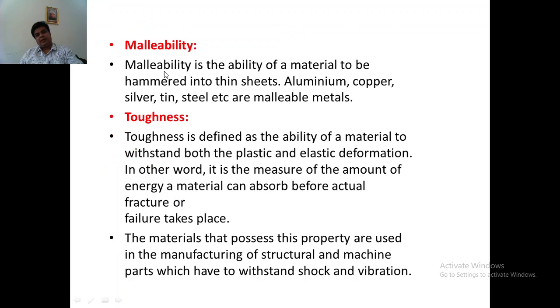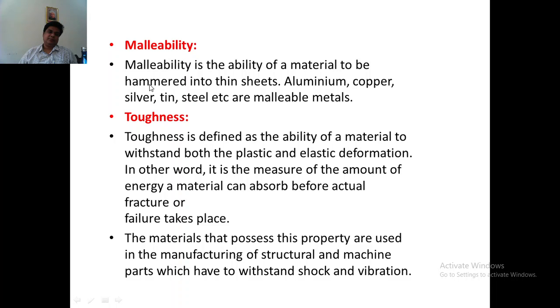Similarly, you have heard about malleability. Malleability is also a ductile property, where the metal undergoes plastic deformation, and in malleability we convert a block of material into thin sheets by applying forces in different directions.